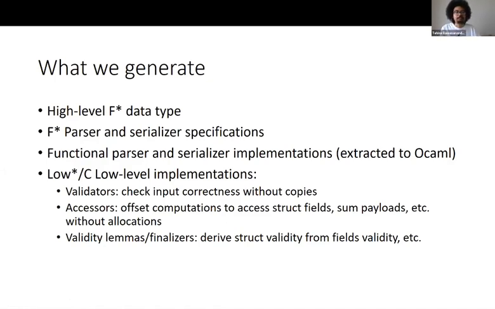And we generate Low-star and C low-level implementations: validators that check input correctness without making any copies, accessors to access fields of structs or payload of a tagged union or anything without any allocation, and validity lemmas and finalizers for incremental serialization to allow the user to have their own strategy for memory allocation.